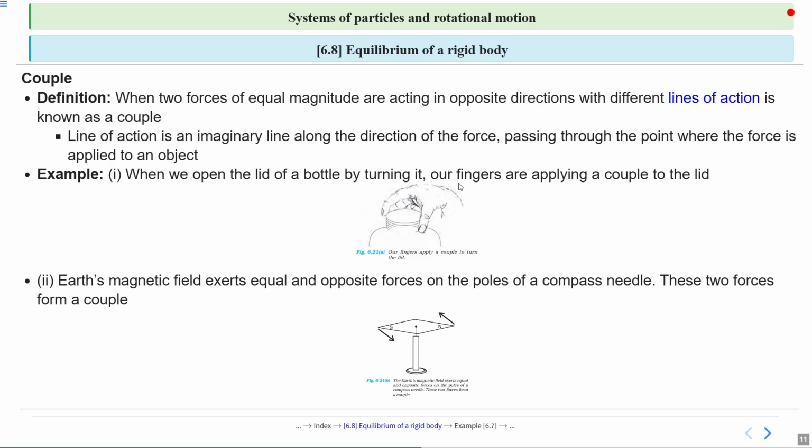These forces, being equal in magnitude and opposite in direction, create a couple, which causes the needle to rotate and align itself with the Earth's magnetic field. So these two are the best examples of a couple: forces of equal magnitude acting in opposite directions with different lines of action. All right.